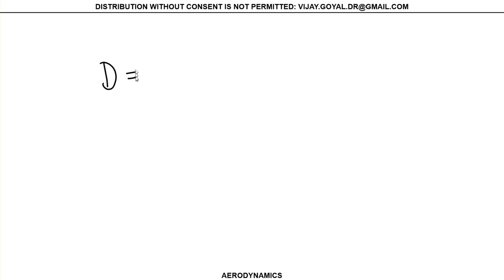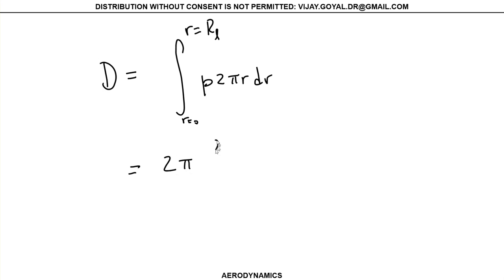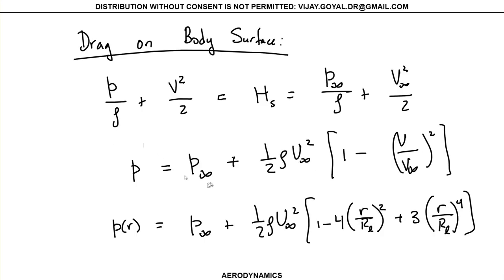So my total drag then will be r equal to 0, going from the center, to r equal to maximum, the maximum drag I can have. So this will be p 2 pi r dr, or this is going to equal 2 pi, r equal to 0 to r equal to R, P of R times r dr, where your P of R is nothing else than this expression that we have here.